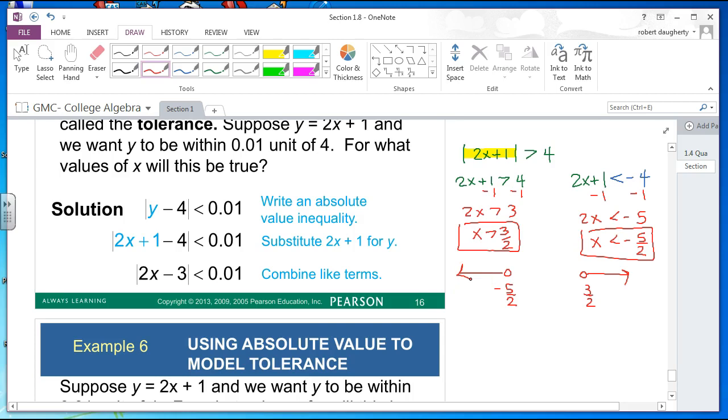That shows me two distinct intervals. This is the interval from negative infinity to negative 5 halves, or the interval from 3 halves to infinity. And that is the solution.